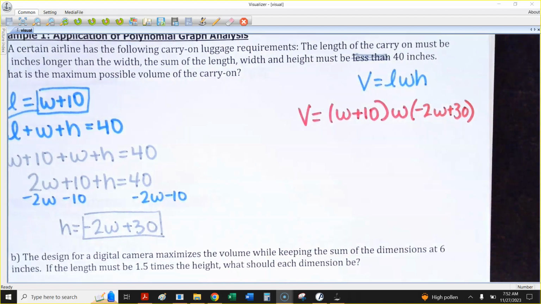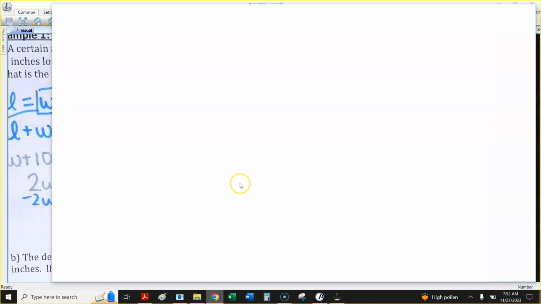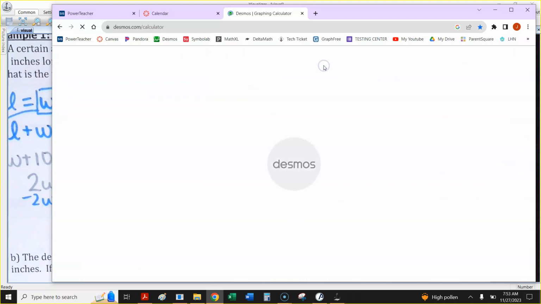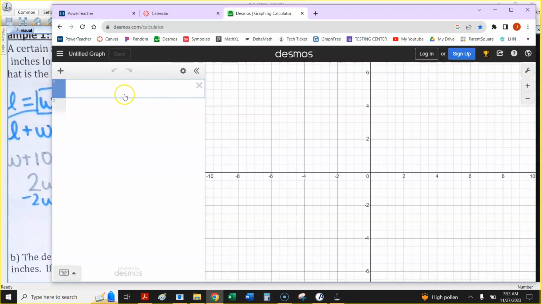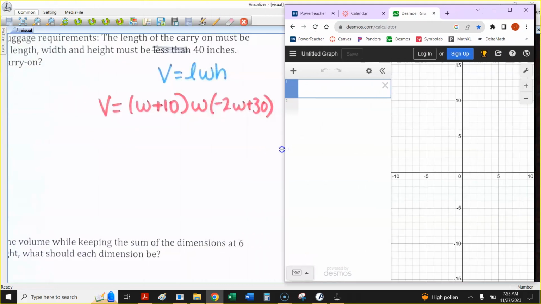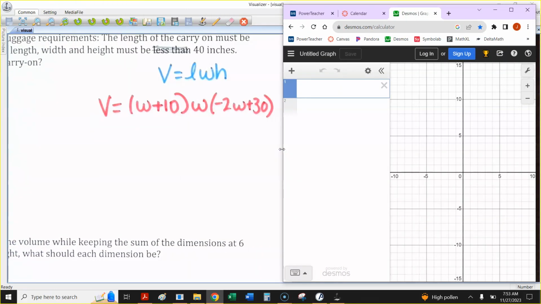Okay, now all we have to do, I'm going to type this into Desmos real quick. So the one thing that might be a little bit tricky is I'll just redo this page real quick here so it's a normal graph. We're just going to have to write it in terms of X and Y. So let's pretend, I'm going to move this so you guys can see the formula here real quick. Let's pretend, and you can use the parentheses. You don't have to multiply this out or anything.